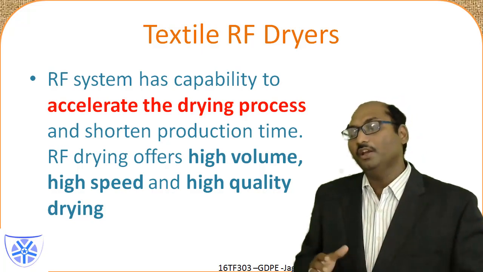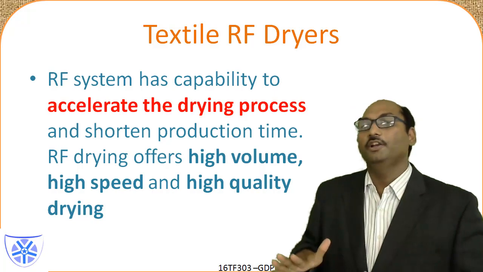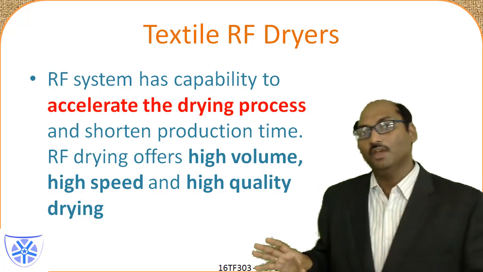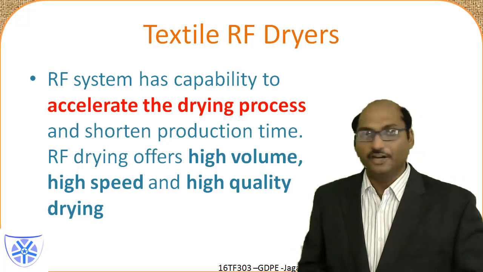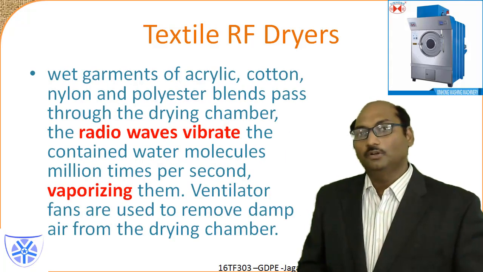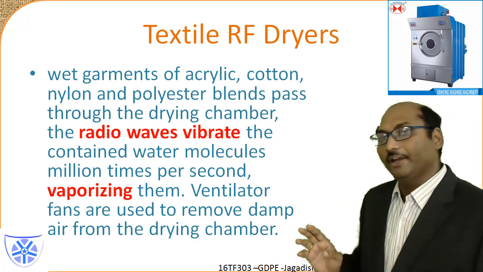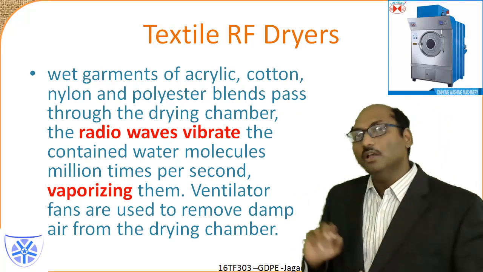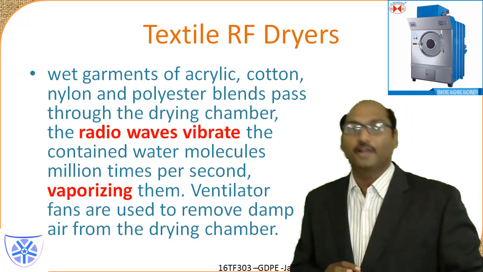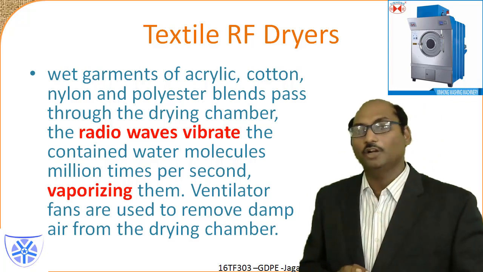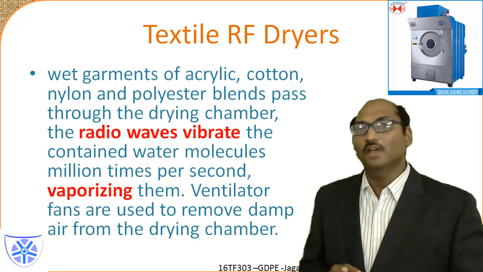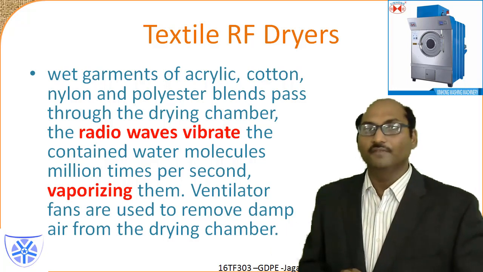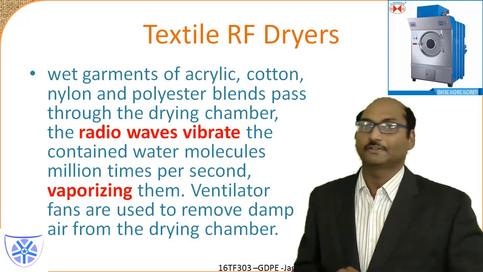Still, it is new for garments, but it is much used in package dyeing machines, specifically in yarn dyeing. The same RF technology is being implemented in some garment dryers also, but it is not replacing the conventional tumble dryer because of the higher investment of RF dryers.